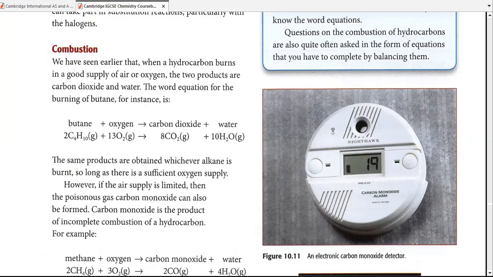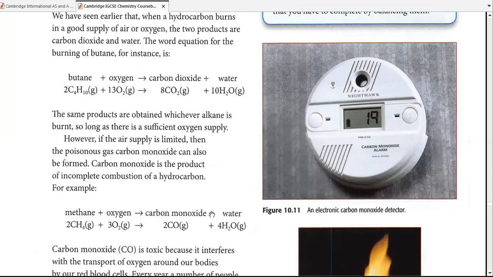However, if air supply is limited, now this is another case of combustion. If the air supply is limited, then the poisonous gas carbon monoxide can also be formed. Carbon monoxide is the product of incomplete combustion of hydrocarbon. So what you're supposed to write over here is that the first paragraph and the equation is complete combustion of alkanes.